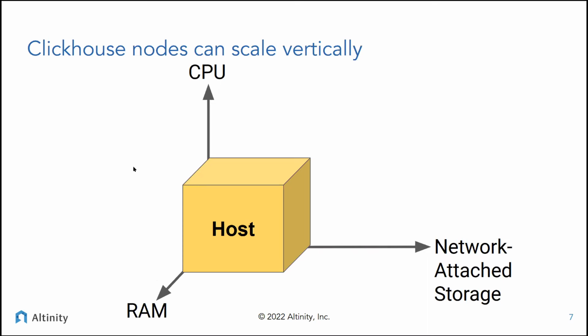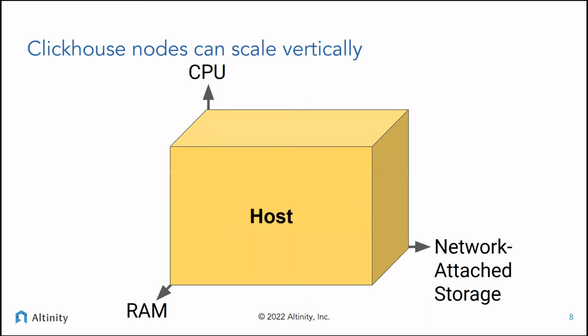We can increase the capacity of that host very simply just by making it bigger, getting a bigger VM and reattaching the storage. Amazon does this incredibly well. So does Google. So do other clouds. For example, in a matter of a minute or two, you can scale from something that has 2 vCPUs all the way up to say 64.